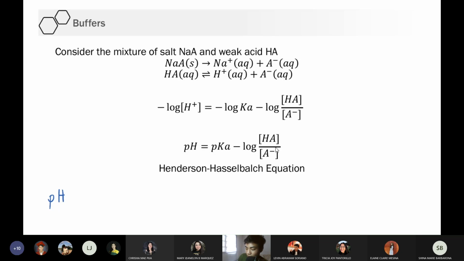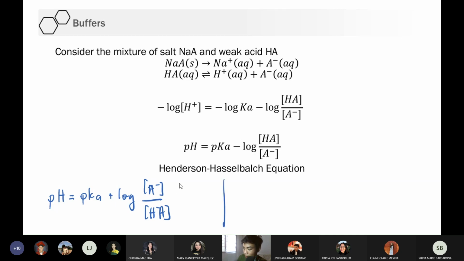Nasa property kasi yun ng logarithm. When you flip the fraction, magpapalit ng sign yung log. Di ba? Puro math. So, this is one form of the Henderson-Hasselbach. The two are equal. Properties ng log lang yung ginamit natin. Kaya we were able to get this.